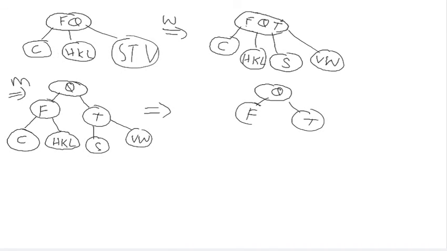And to the left of S, T we have S, and to the right of T we have V, W. Here remember one thing, that all the leaf nodes should always be at the same level. Okay, that condition is preserved. So M is inserted.